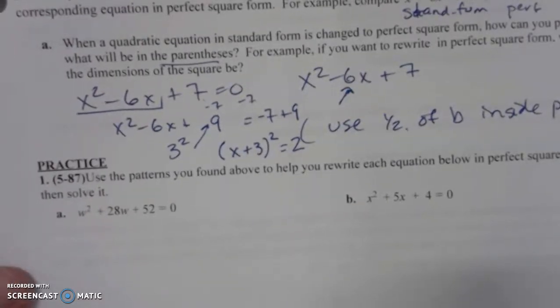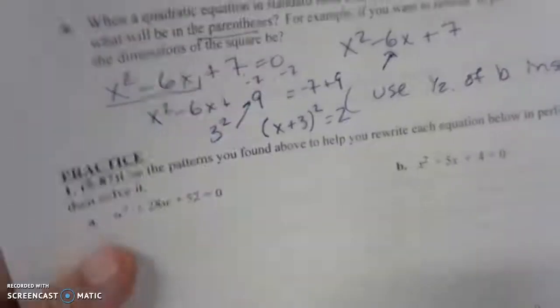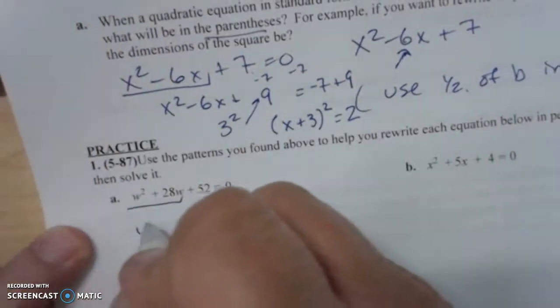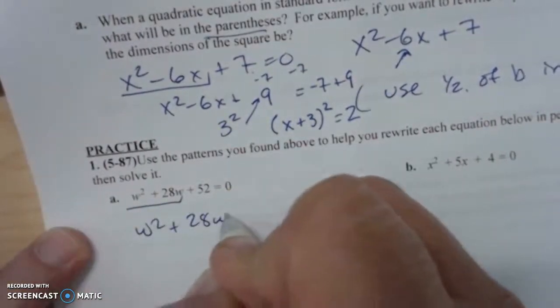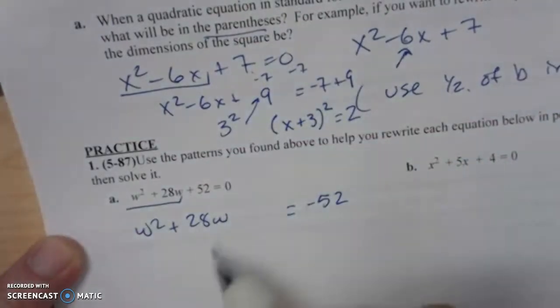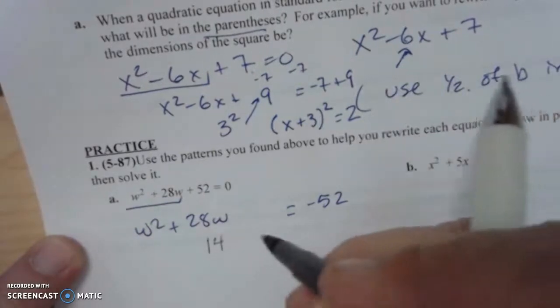So we're going to look at this problem right here. Okay, good, it's a little less blurry. We only want to focus on these two guys. W squared plus 28W equals, let's move that 52 to the other side. What is half of 28? It's 14.